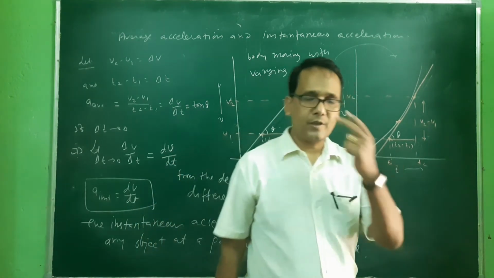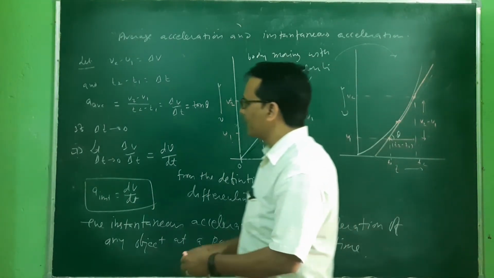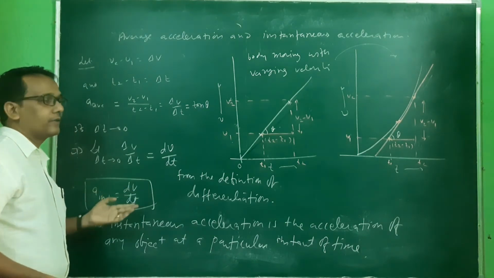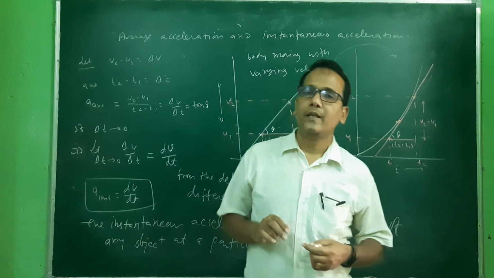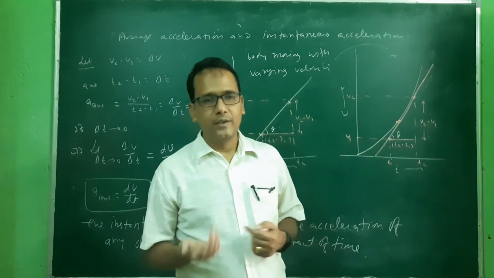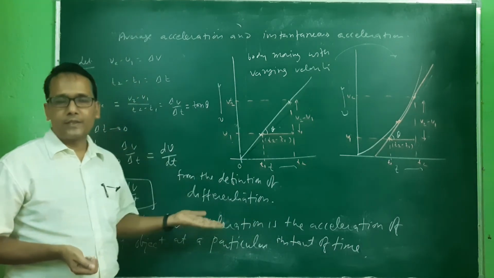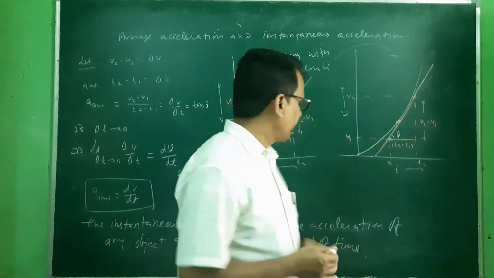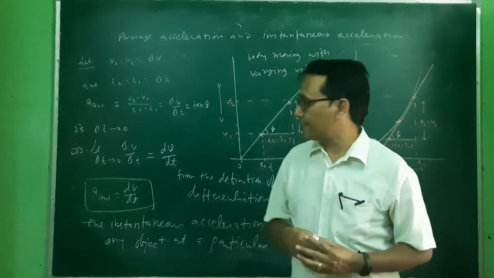So if the velocity is represented as a function of time, then we can just take the differentiation, and by putting in the particular time at which we want to calculate the acceleration, we can calculate that instantaneous acceleration.